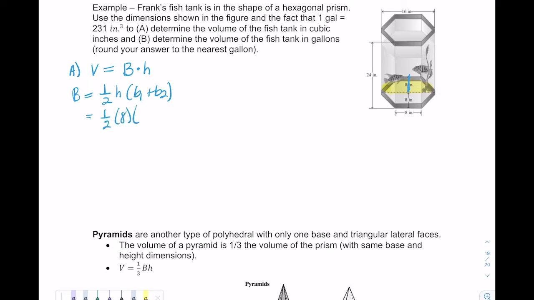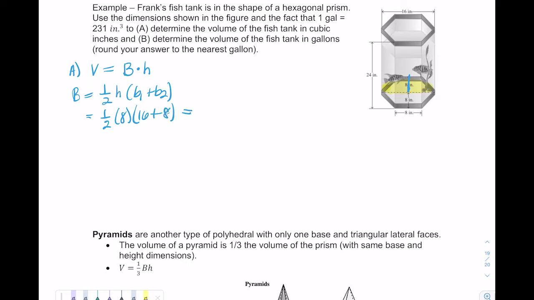And my bases would be this side and this side. So as you can see, this is the same as this. So we know that base 1 is 16. And the other base is going to be this length, which we know is 8. And it doesn't matter which one is your base 1 or your base 2.